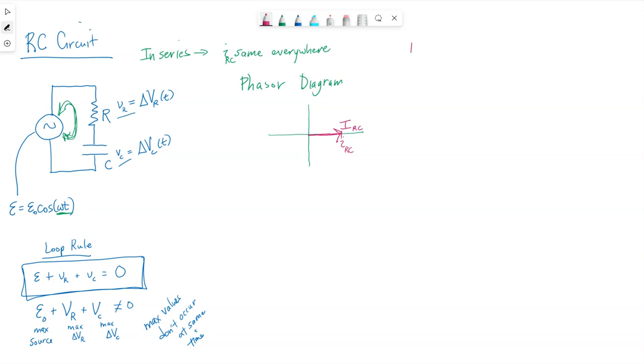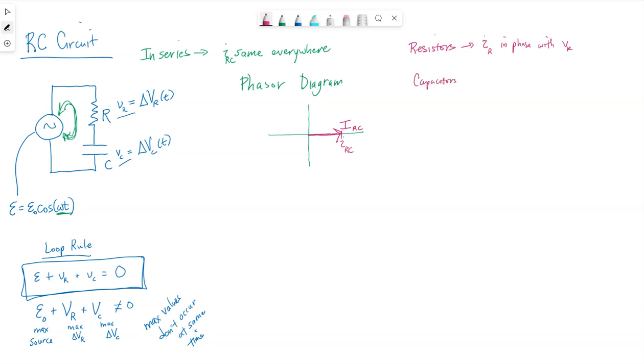Thinking of resistors. Resistors, the current through the resistor was in phase with the voltage across the resistor.